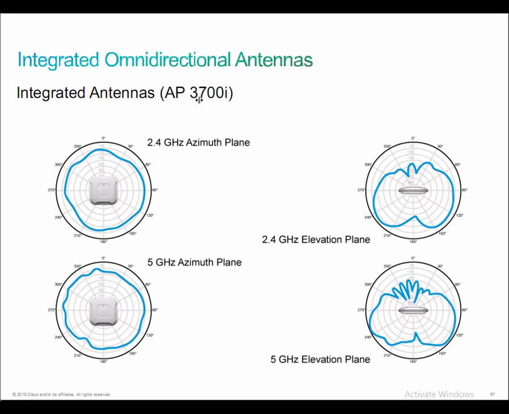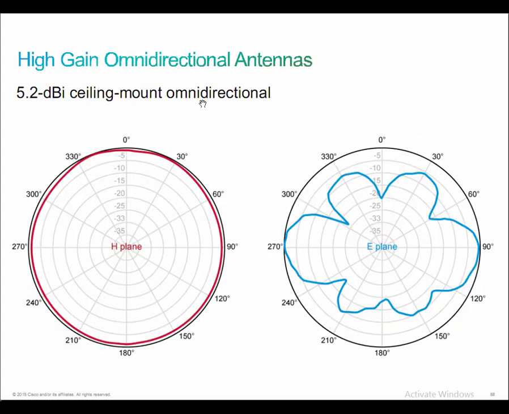Now, you can also install high gain omnidirectional antennas. Typically, a high gain antenna would be something like 5.2 dBi. The goal here is that you want to cover more space or more area. Again, you're not really going to increase the overall power.